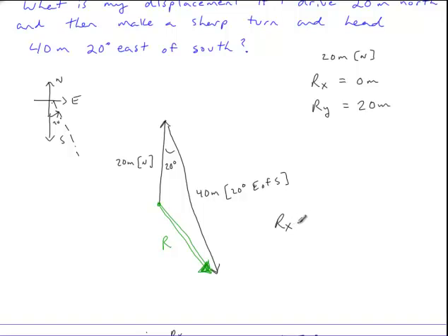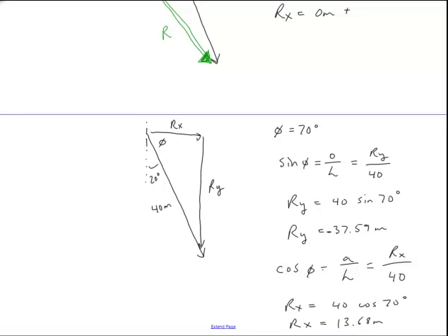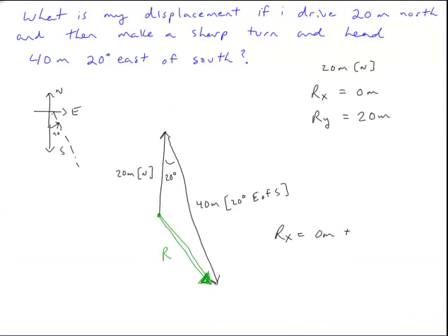So let's figure out Rx. Well, we got 0 meters. And then we're going to add 13.68. And obviously that gives us 13.68 meters in the x direction. Ry, we've got 20 meters.